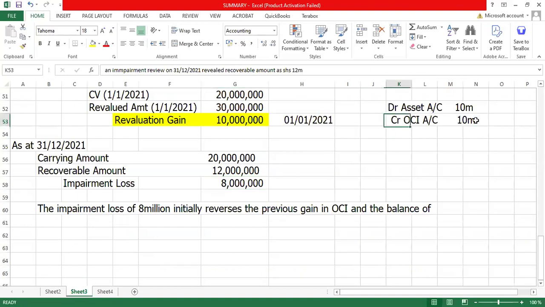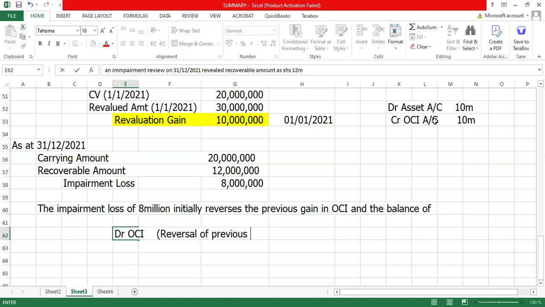So if you are to reverse, you debit OCI as a reversal of the previous revaluation gain by 8 million.